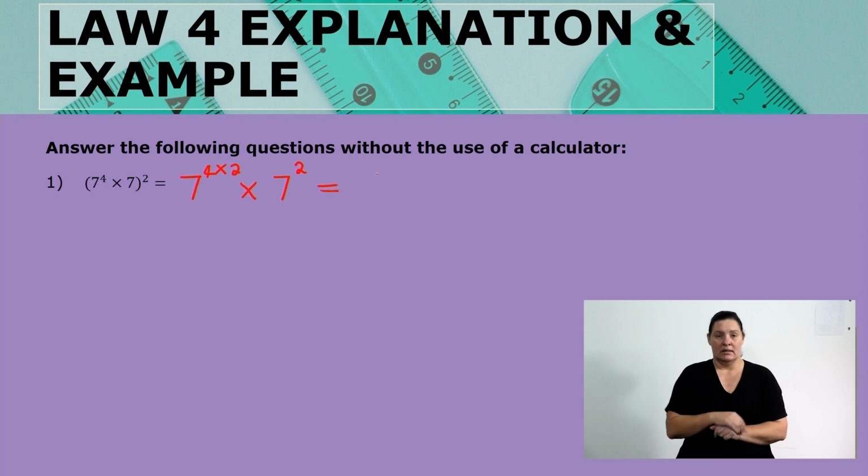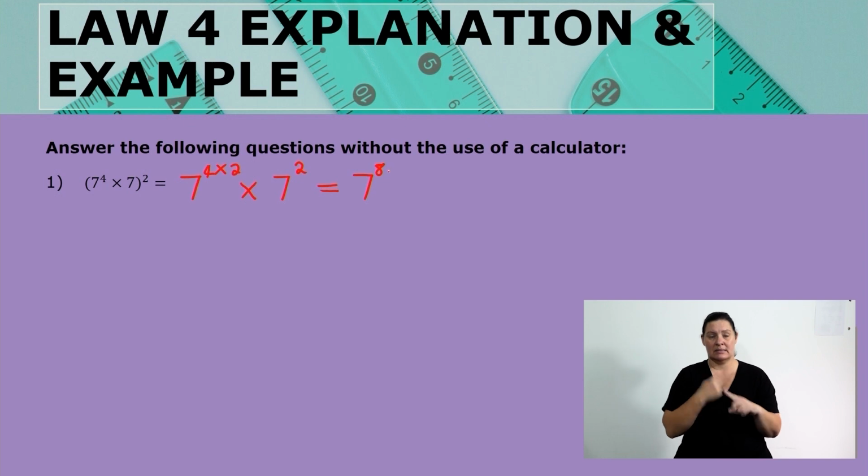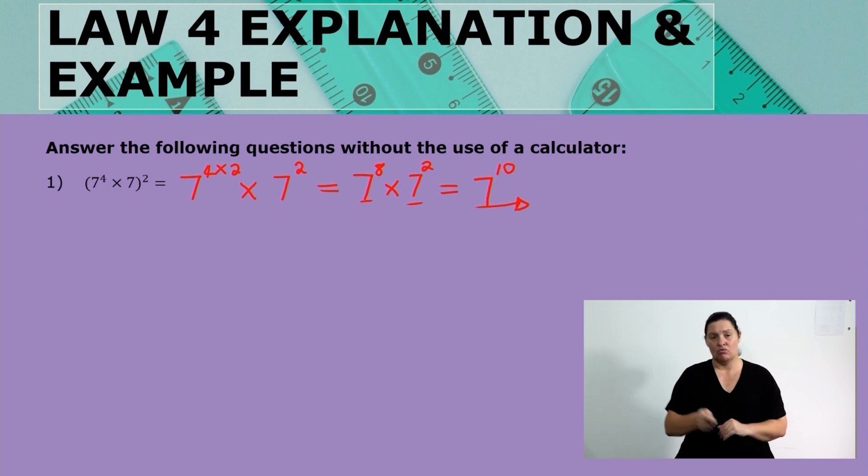Our answer there is going to be 7 to the exponent 8 multiplied by 7 to the exponent 2. But this takes us back to law number 1, where because we have the same base, we are going to add those exponents, and we can see that 8 plus 2 is 10. So our answer is going to be 7 raised to the exponent 10.